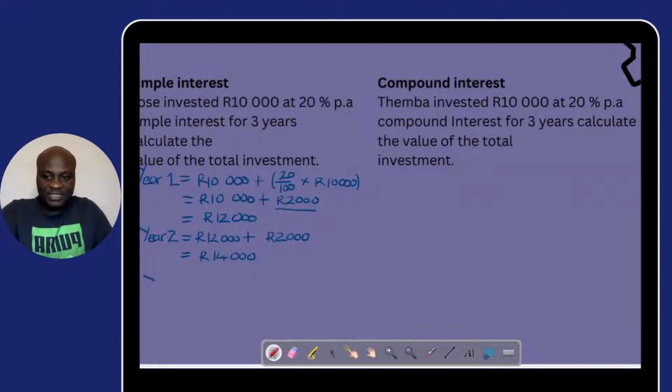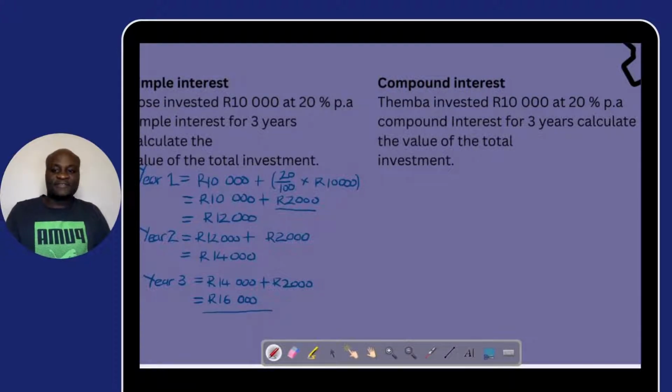So 12,000 plus 2,000 gives us 14,000. In year number three, we take our balance, 14,000, and add 2,000 again, because that is our interest, which is equal to 16,000. So using simple interest, at the end of 3 years, our investment will be 16,000. Now, let's go and do it with the compound interest.